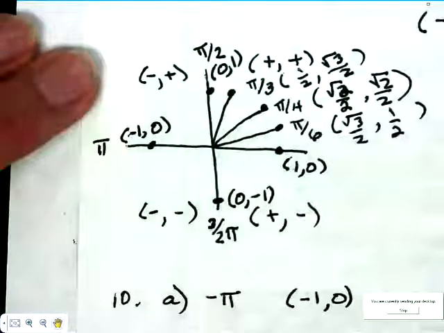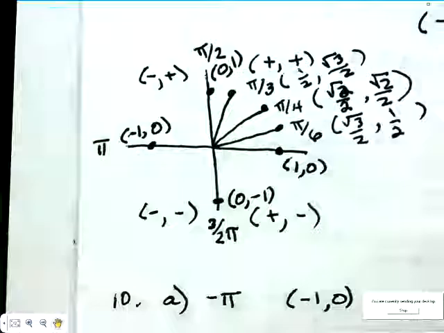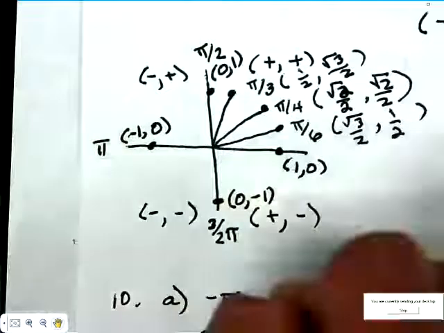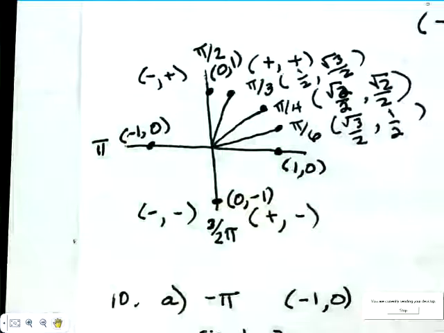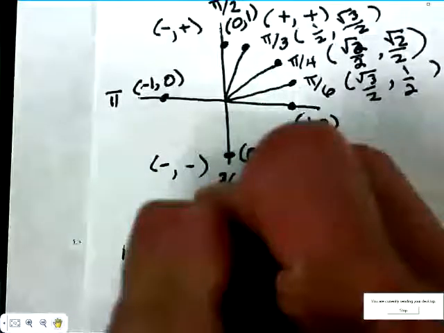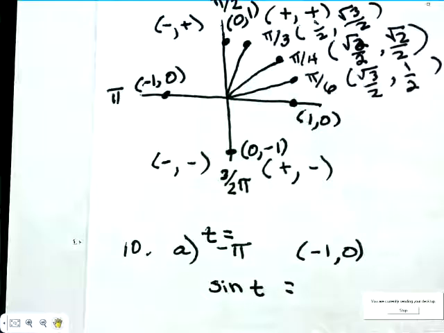So we want to find, how did they write this? Find the coordinates of p and the exact trig functions of t. This is t equals negative pi radians. T is the number of radians, or the real number. So sine of that angle would be what?